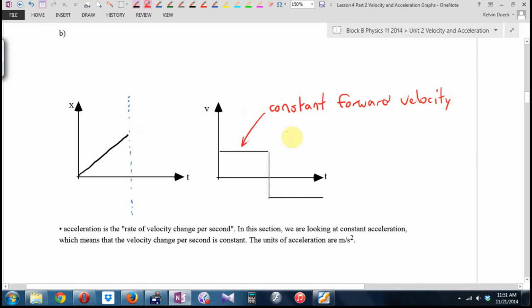What's happening right here? Are we above 0, at 0, or below 0? Constant velocity or changing velocity?